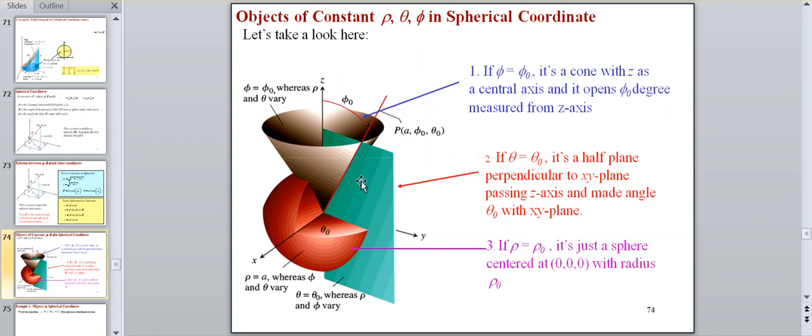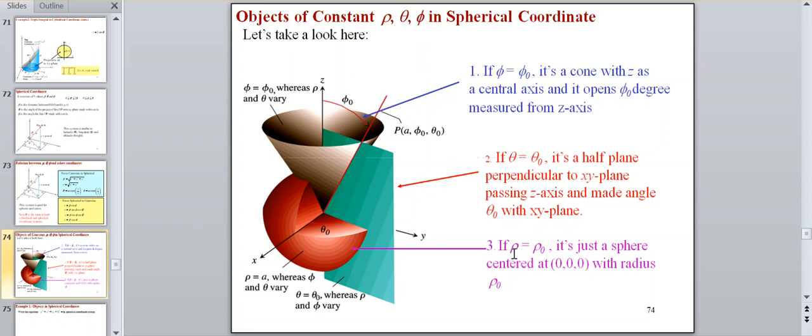Well, actually, if the points are dropped onto the xy plane, then we can say the angle is theta 0. But we can say we have a half plane, and the angle between this half plane and the xz plane is theta 0. So this is a half plane.